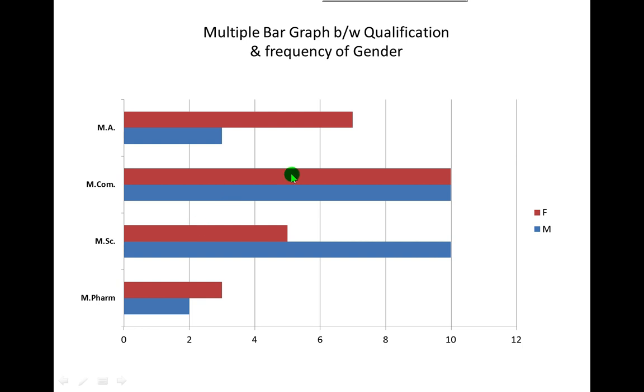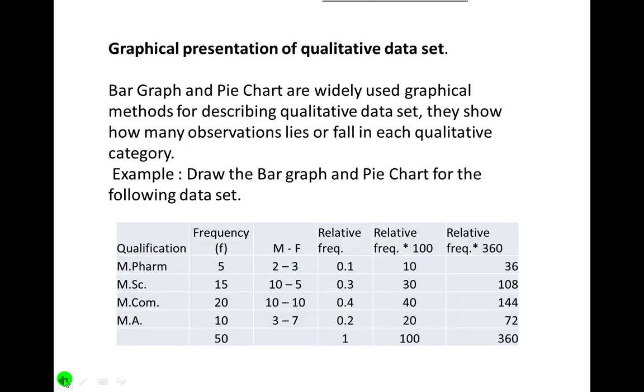Now from this you can observe, we plot the frequency on the y-axis same as the previous graph. The highest value is 10. There are 4 categories. In the first category MPharm, 2 male, 3 female.